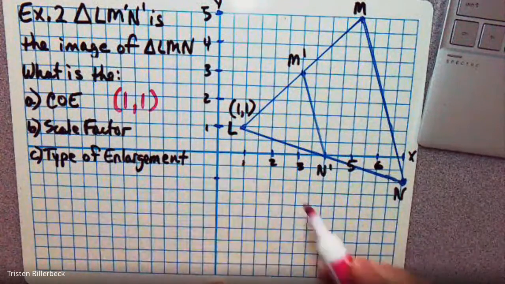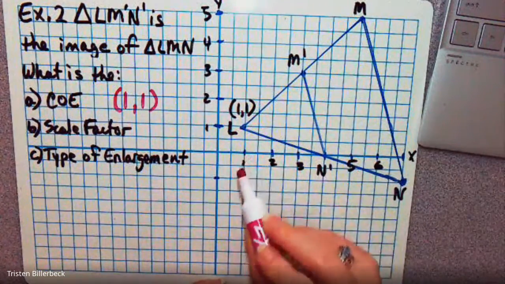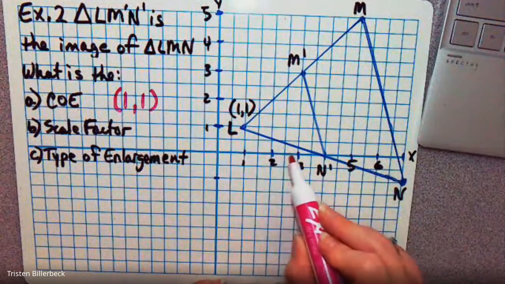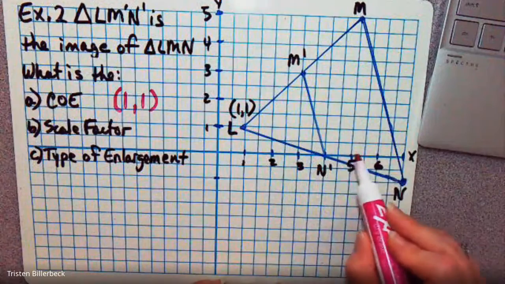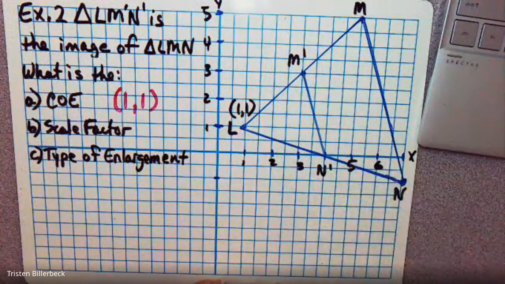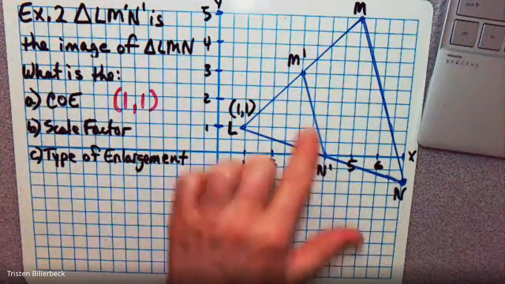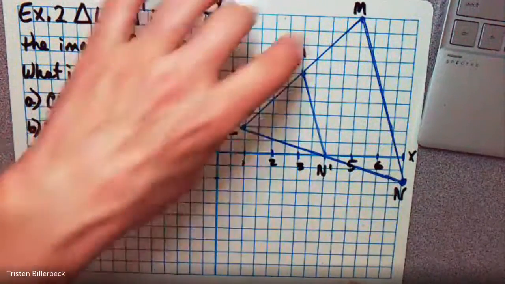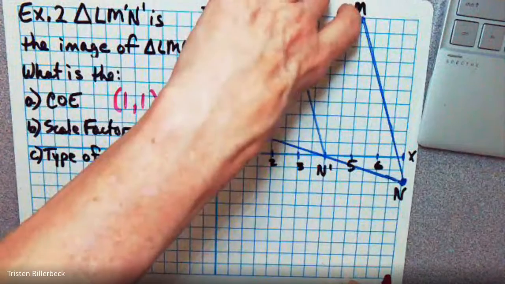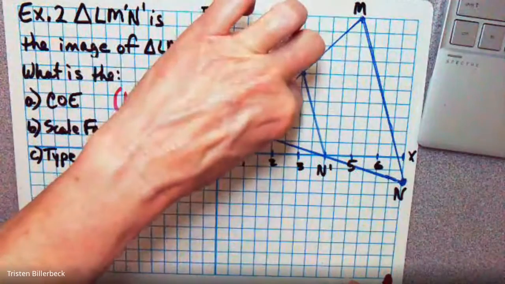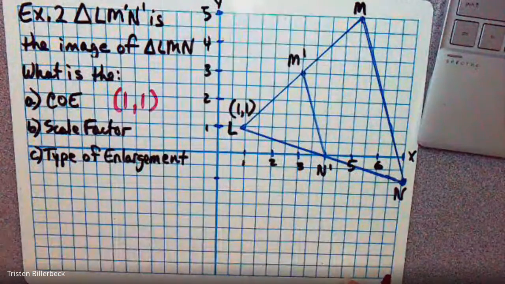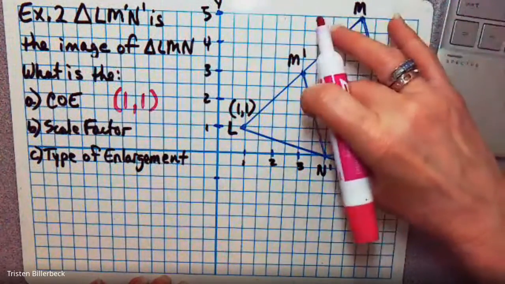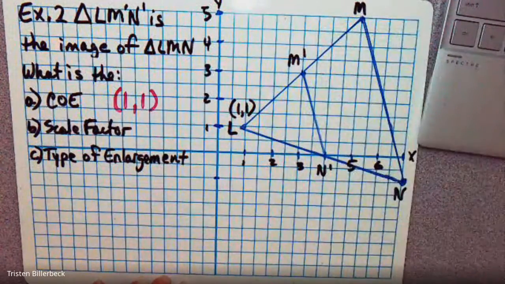If we count how many spots here we need to go to get to here, so 1, 2, 3, 4, 5, 6, and 1, 2, 3, 4, 5, 6. It looks like we've got a midpoint here. Okay, if that's true, then this side is twice that side. Okay, so that would mean this side is twice the length of that side.